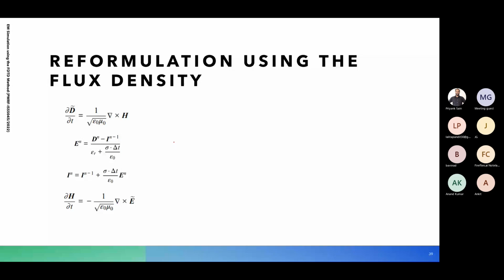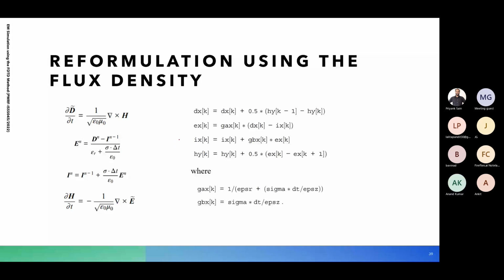So till now, we started with these two equations from Maxwell, and this is the same as the previous cases. So we focused over here.